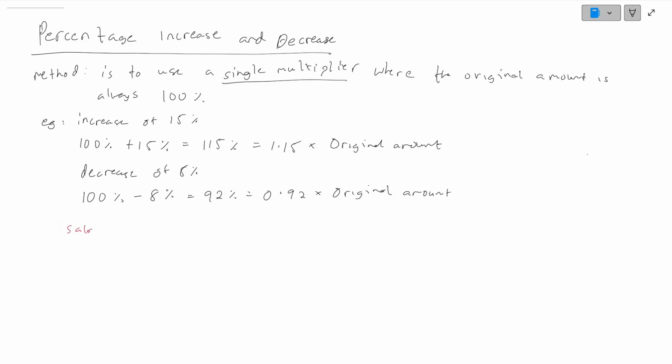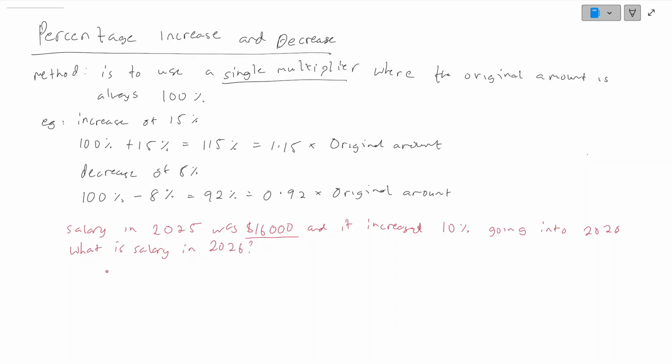So suppose the salary in 2025 was $16,000 and it increased 10% going into 2026. And we are told to find the salary in 2026. The way we're going to do that is, this is your original amount, and your original amount is always 100%.